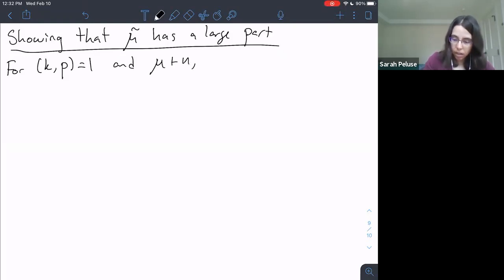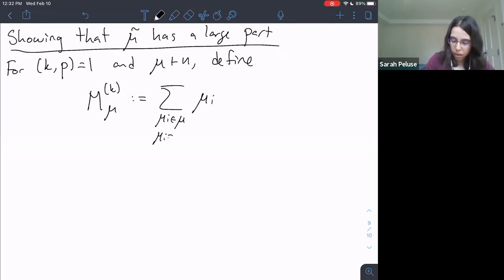We define capital M sub k of mu to be the sum of all parts of mu of the form k times a power of p.